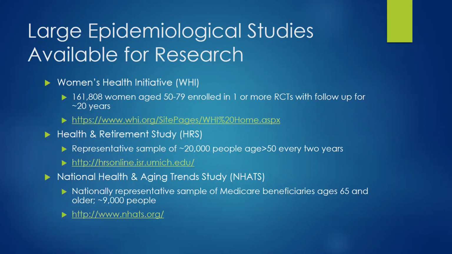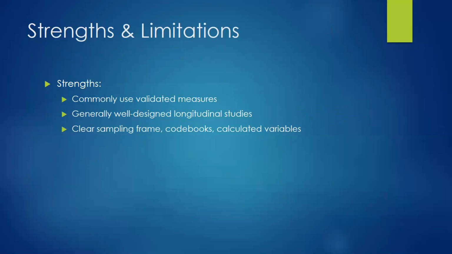So if you're interested in a population that these studies cover, they would be a good potential data source for you. They typically use validated measures, so that's nice. They also are typically well-designed and longitudinal, have a clear sampling frame, and lots of information to support you in using their data. So things like code books, and they might have already done some data cleaning and calculated variables that you're interested in using.